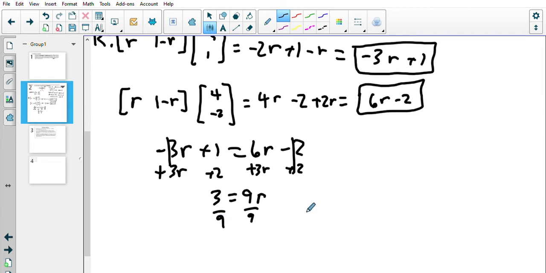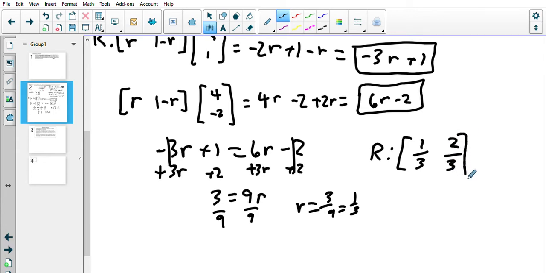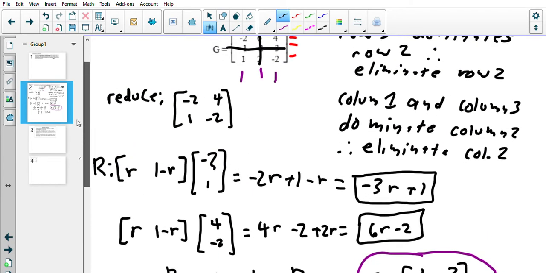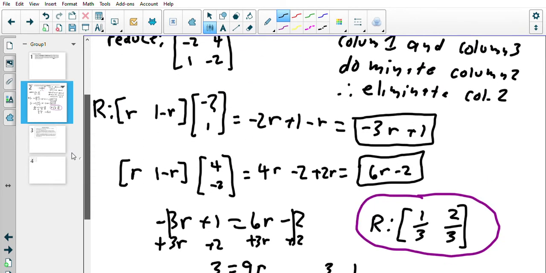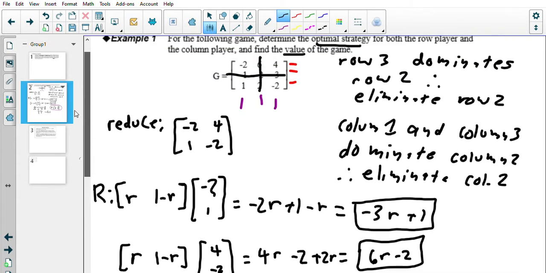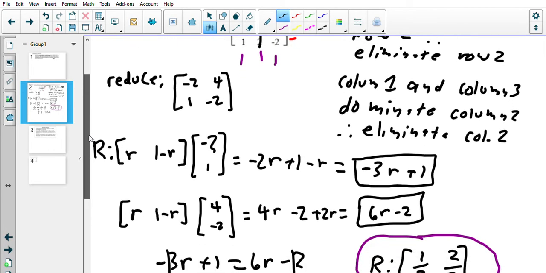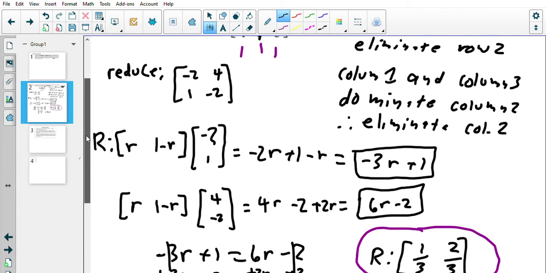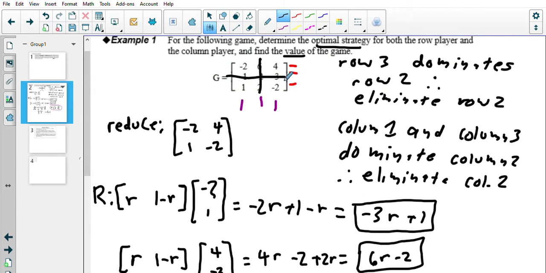So it looks like R equals 3/9 or 1/3. So that gives us our optimal row strategy. They should play the first choice 1/3 of the time and the second choice 2/3 of the time. So that's the optimal strategy for the row player. Or to be more specific, they should play the first row 1/3 of the time, the second row 0% of the time, and the third row 2/3 of the time, right? Because we eliminated the second row.